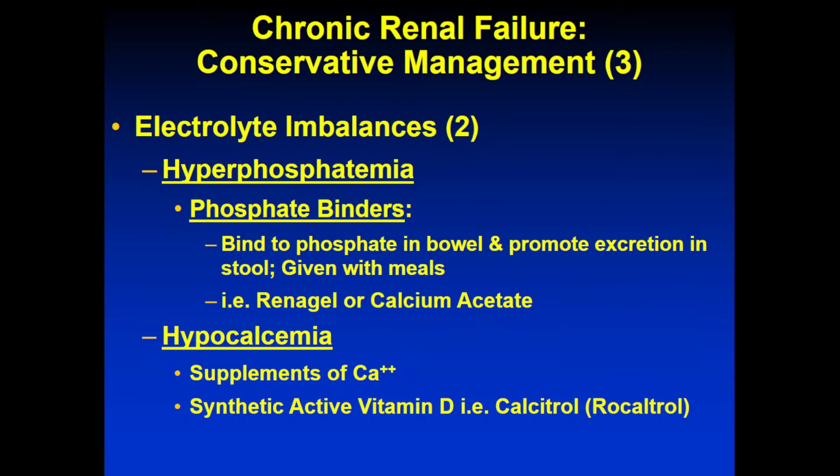The next, hyperphosphatemia. We have to use phosphate binders, which bind to phosphate in the bowel and promote excretion in stool, given with meals. These are Renagel or calcium acetate. How to control hypocalcemia?